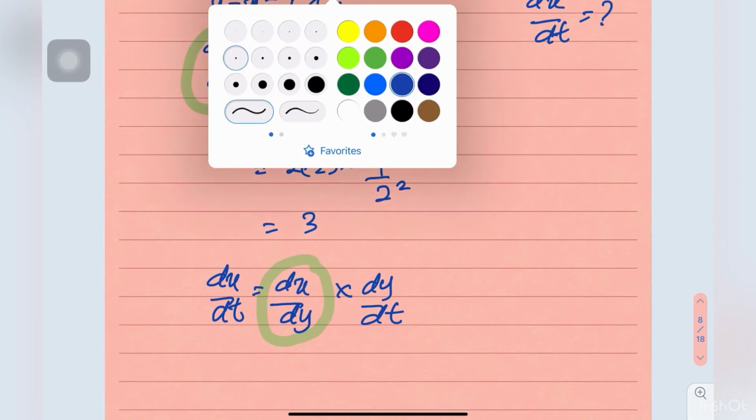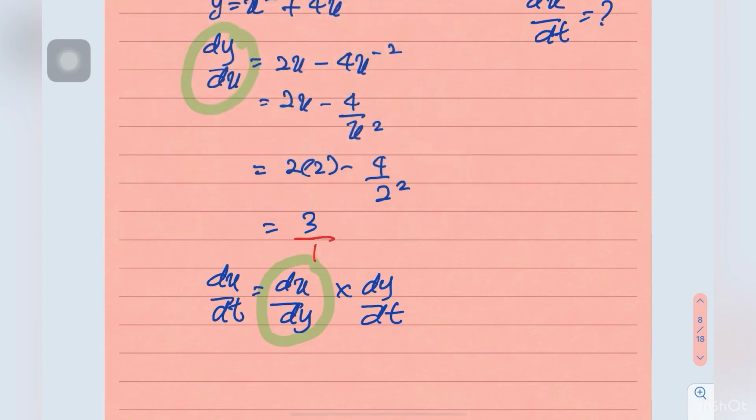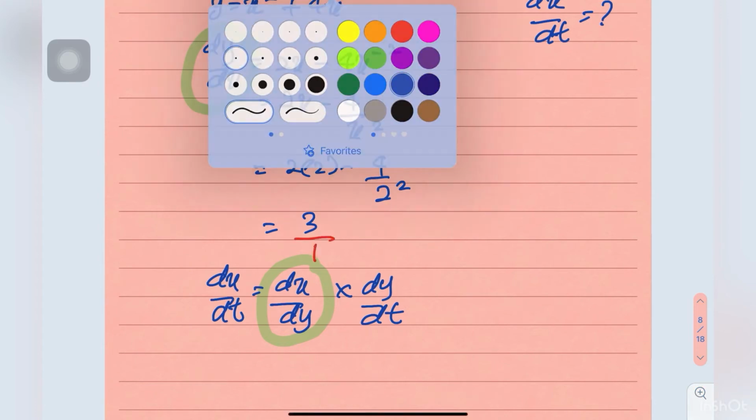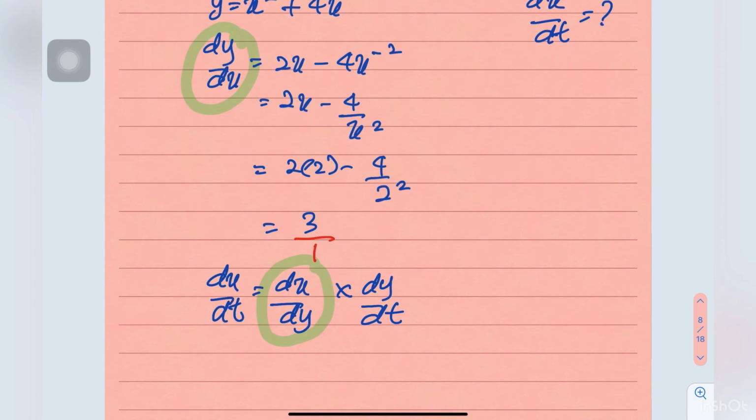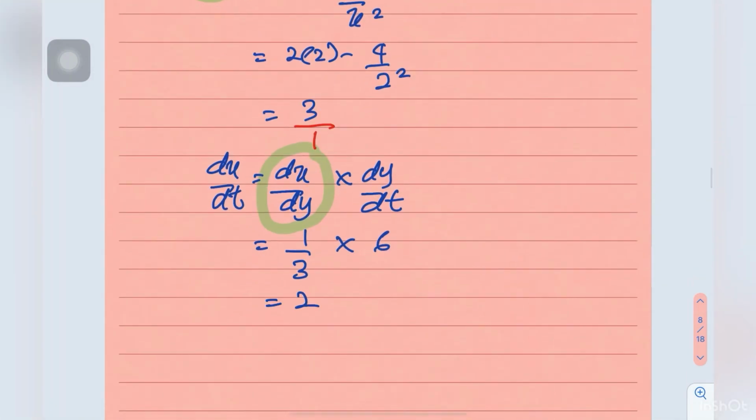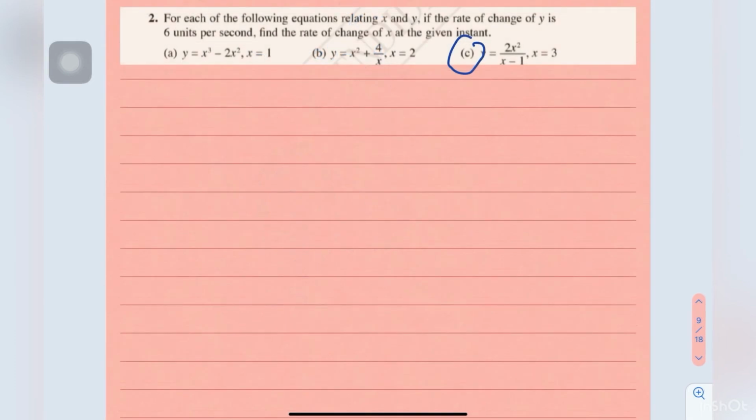Actually 3 is 3 over 1, so dy/dx is 3 over 1, and dx/dy is 1 over 3, times 6. So it equals 2. Then question C, dy/dt equals 6. Find dx/dt.